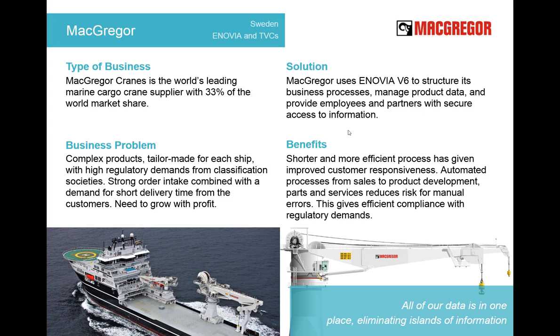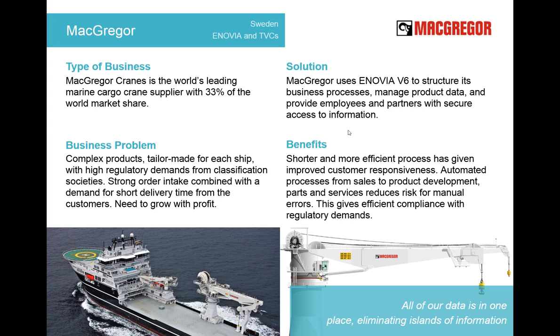Complex products. You have to combine as much reuse as possible with a high degree of flexibility for the individual customer. So their cranes are tailor-made for each ship, or at least highly configured for each ship.